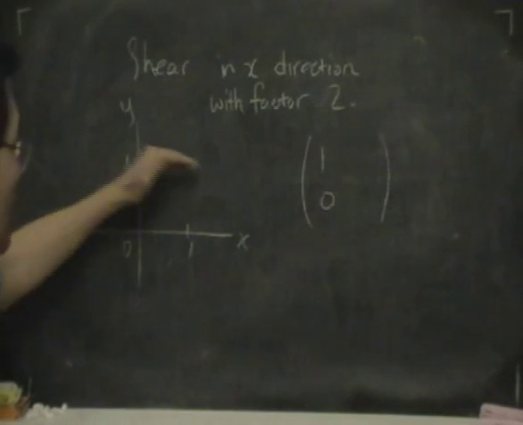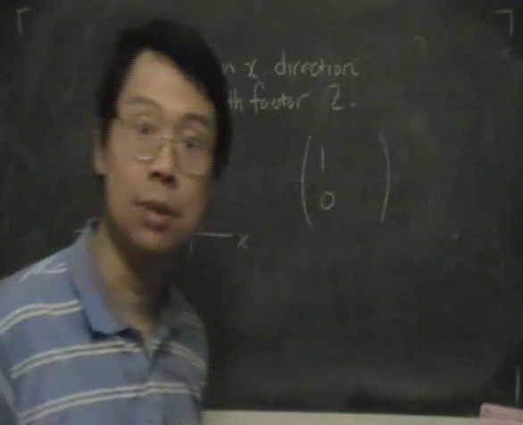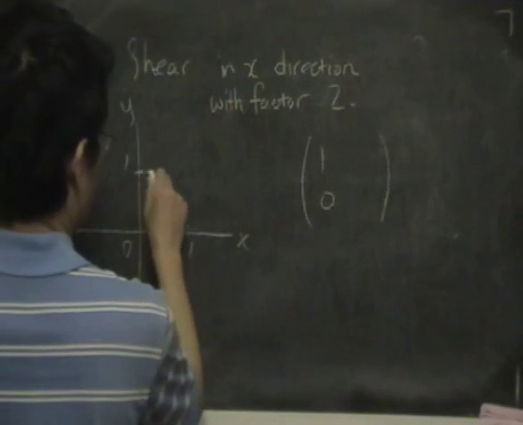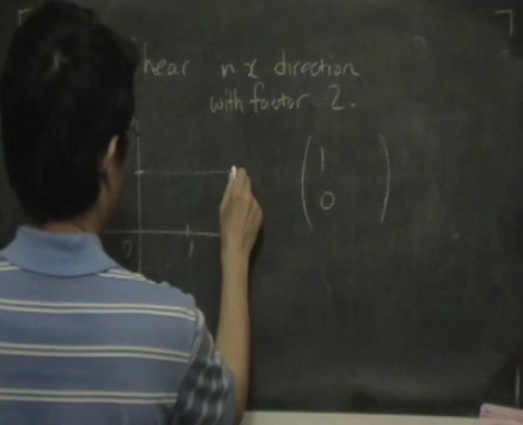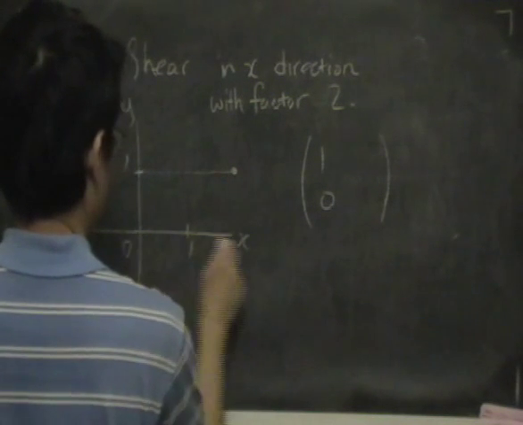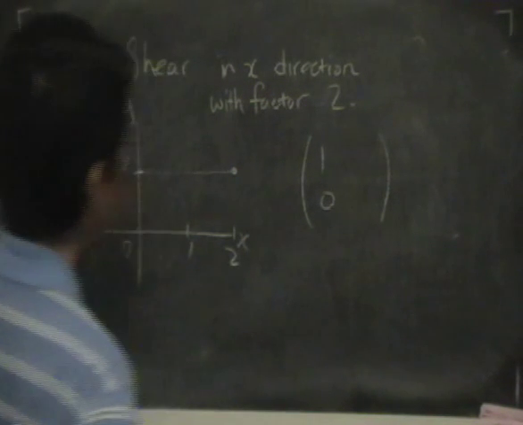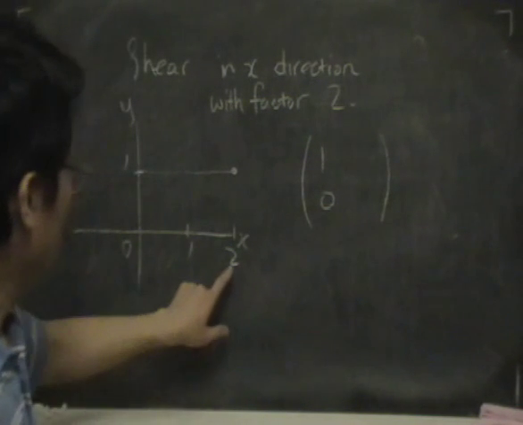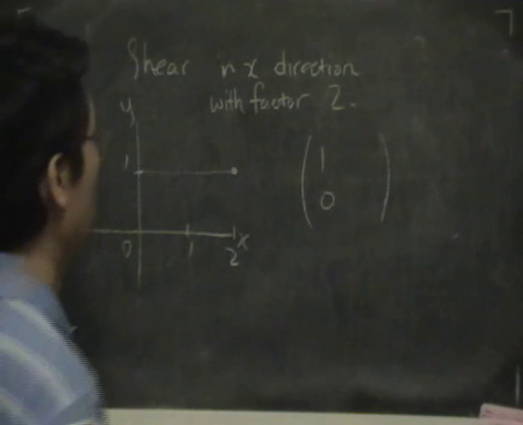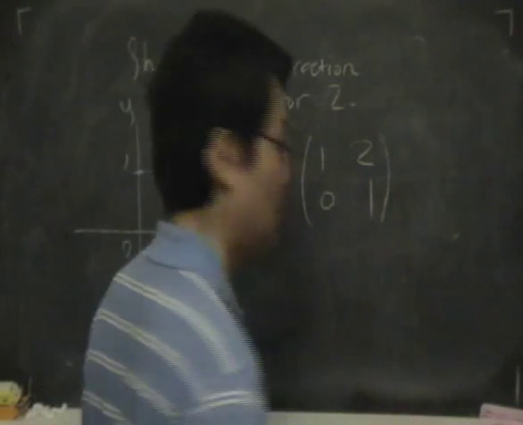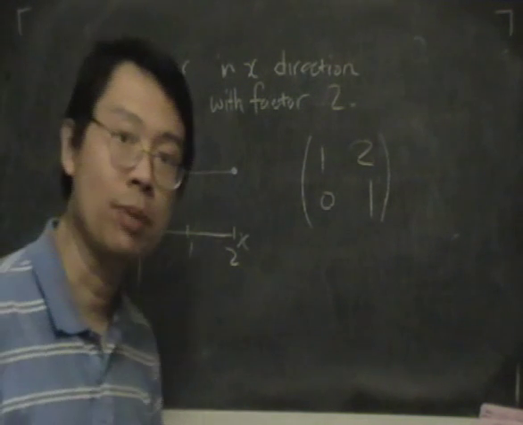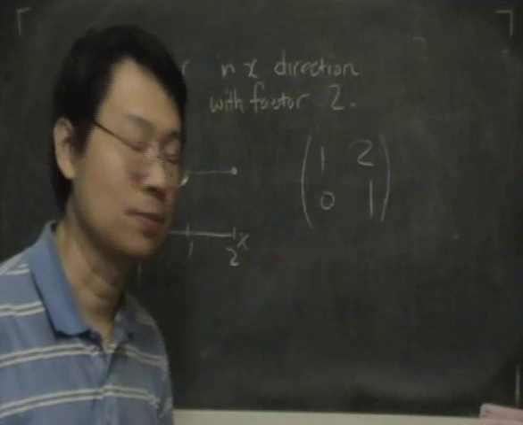So the distance that it moves is 1 times 2, which is 2. So it moves from 0 to 2. That's the image point, (2, 1). That's my matrix. So this is quite simple compared to the rotation.